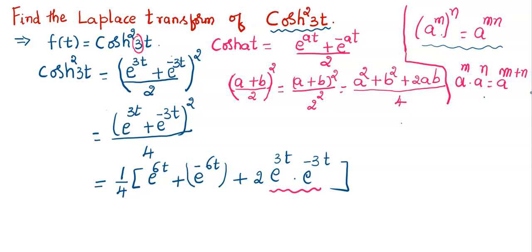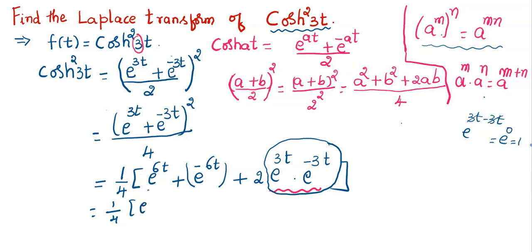Then 3t minus 3t, right? So we have opposite signs, it will get cancelled. So e to the power of 0 value is what? 1. So e to the power of 3t into e to the power of minus 3t is 1. So let me write 1 by 4 into e to the power of 6t plus e to the power of minus 6t plus 2. And this value is 1. We can observe here how we simplified.